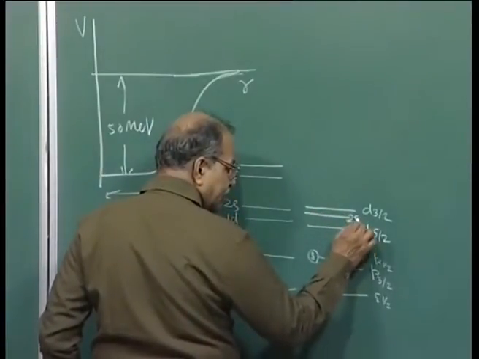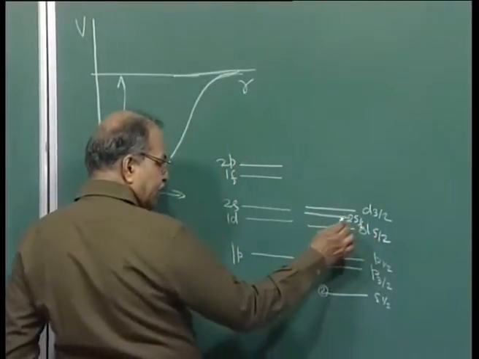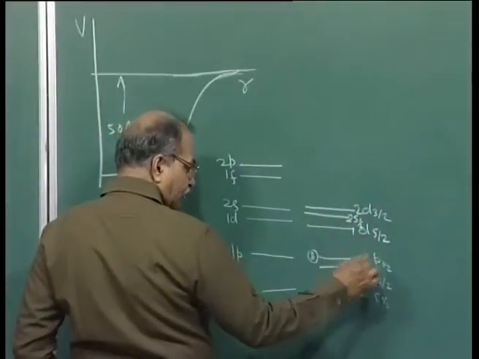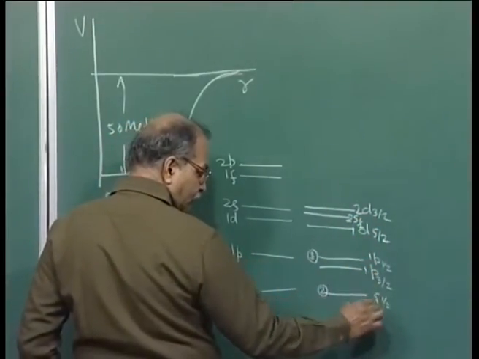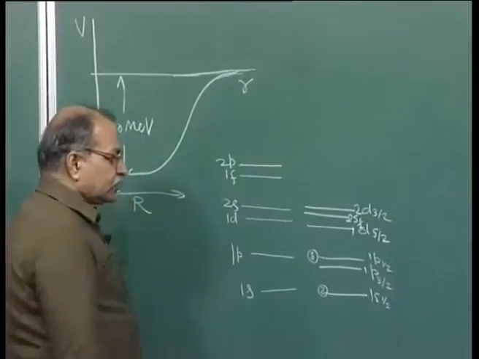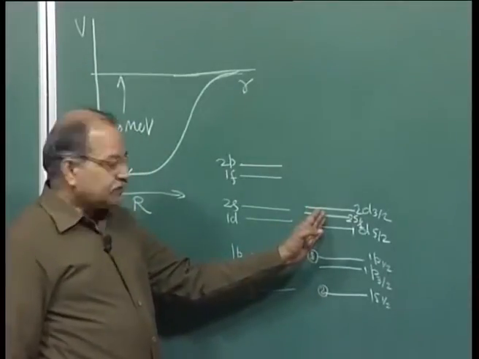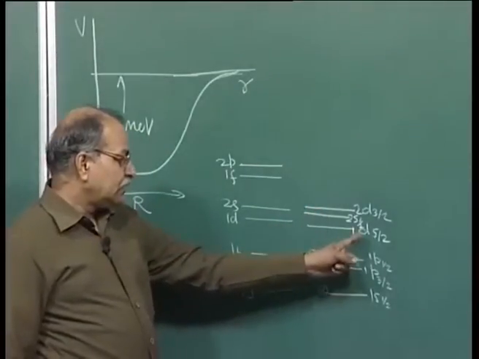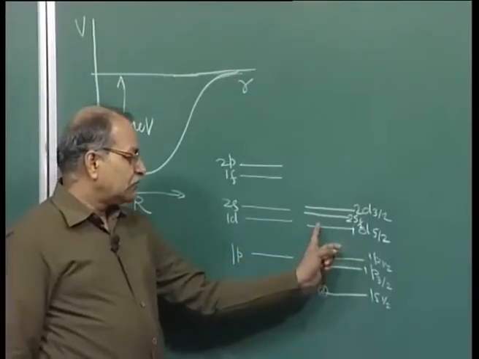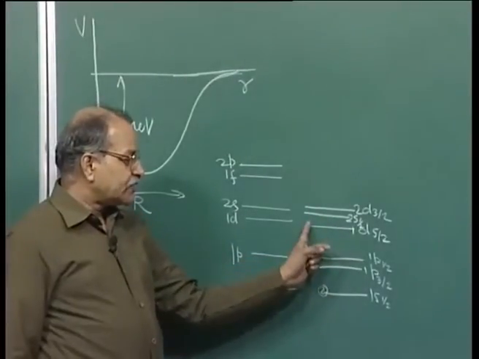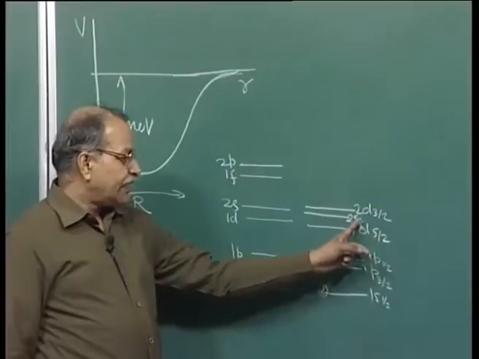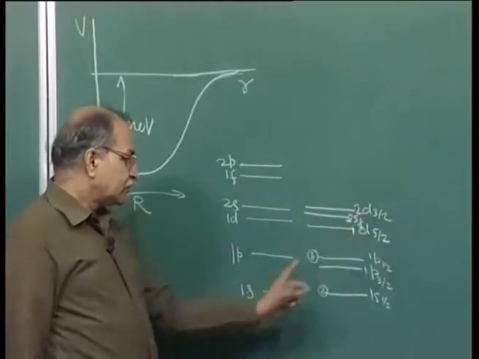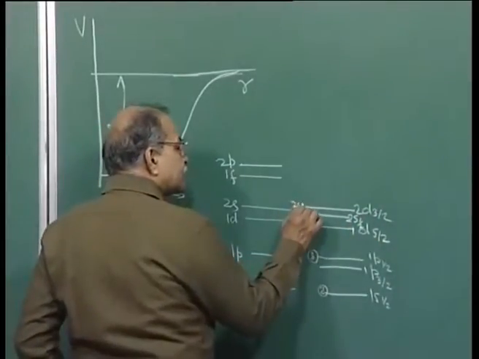If you wish, you can also write that n. So up to this part you can do that easily. And what is the number of neutrons or protons that can be accommodated? 6 plus 2 is 8, 8 plus 4 is 12. So 8 plus 12 is 20.